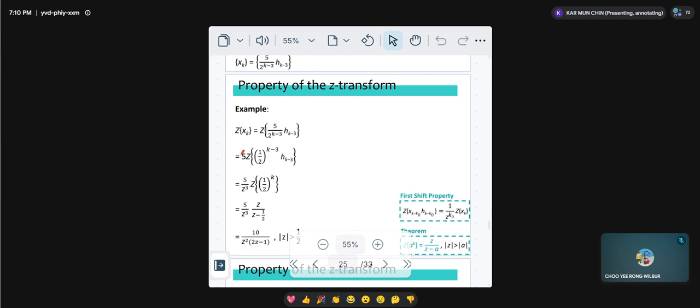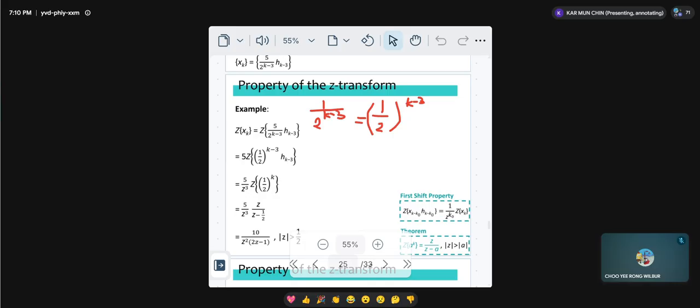So you can put the 5 out, and you get 1 over 2 to the power of k minus 3. So you can get these terms here.